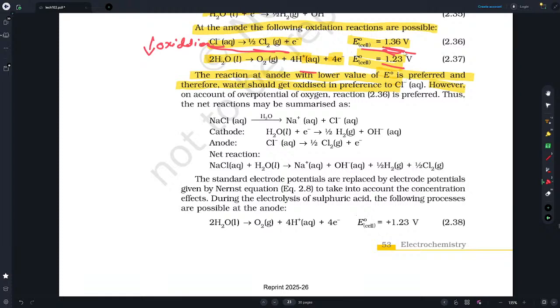If reduction potential is high, that means oxidation potential is low. Because chlorine has high reduction potential, its oxidation potential is low. Compared to water, which is 1.23, the chlorine has higher reduction potential. As such, water will have higher oxidation potential compared to chlorine. As such, at anode, where lower values of standard electrode potential are preferred, this reaction is more preferred instead of the chloride ion reaction.